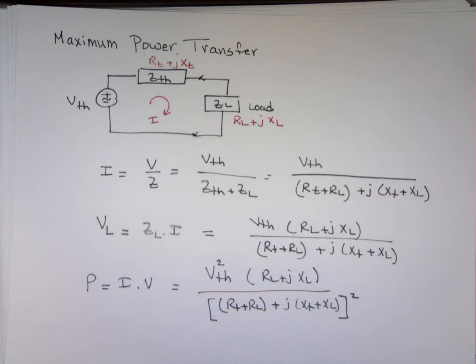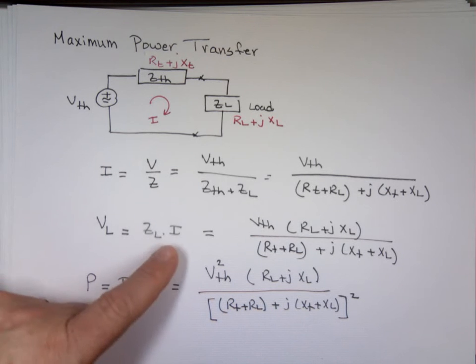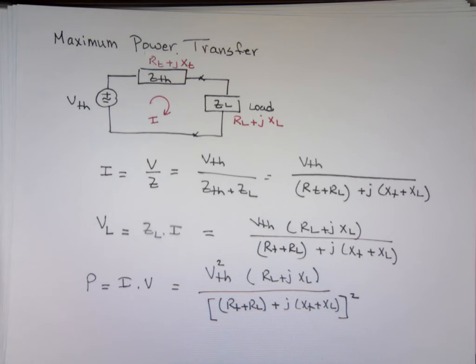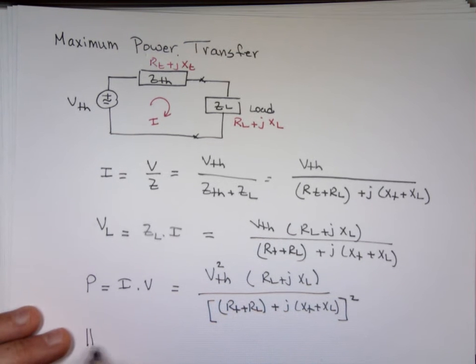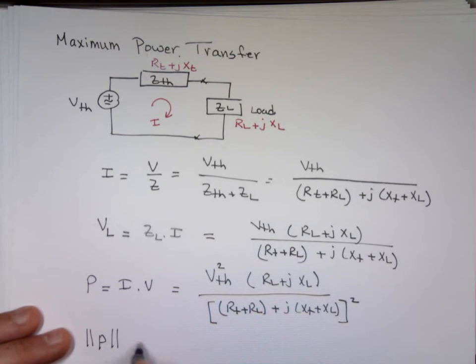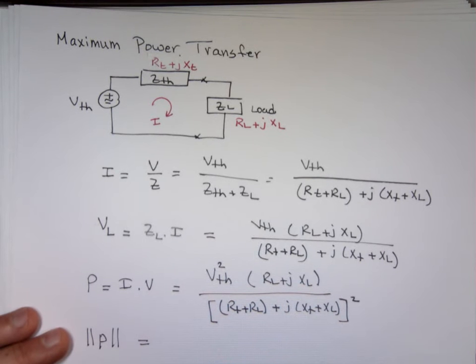Now, what is the magnitude of that power? I probably would have done it easier if I did the magnitude of each one first before I did that. The magnitude of the power. Remember, when you have a complex number, you take the real portion and you square it, take the imaginary portion and you square it.